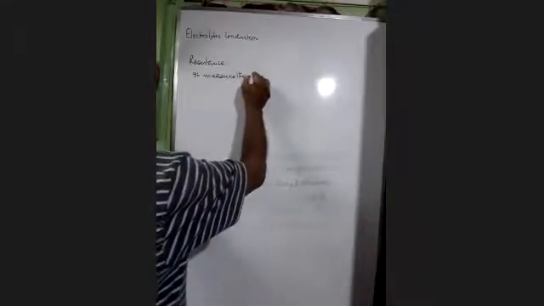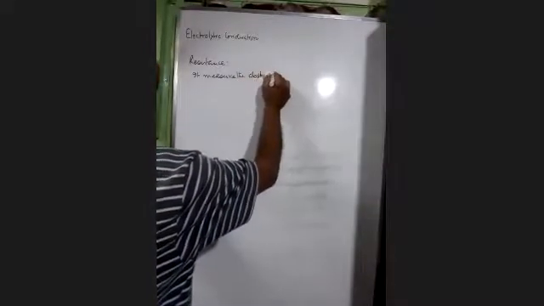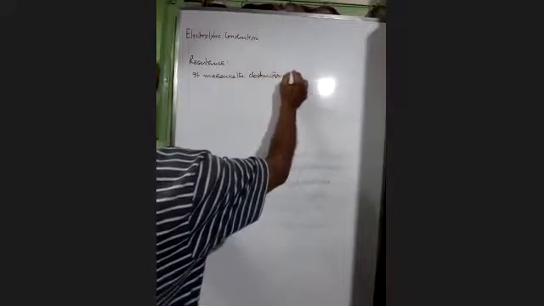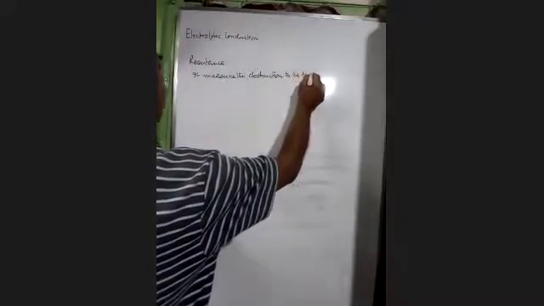So what is resistance? Resistance is the obstruction. It measures the obstruction to the flow of the current.